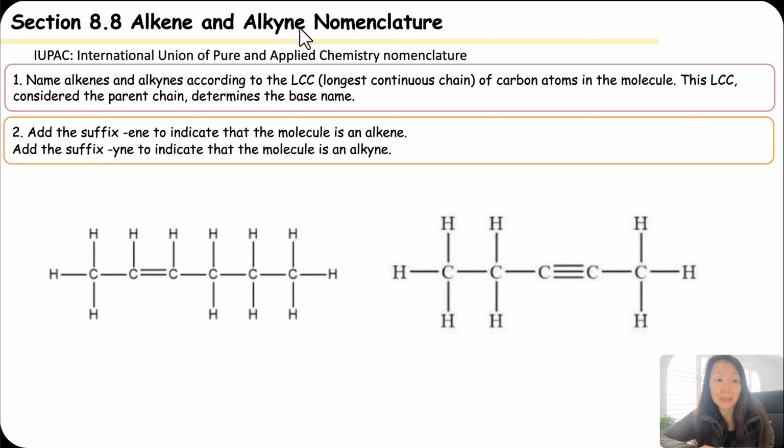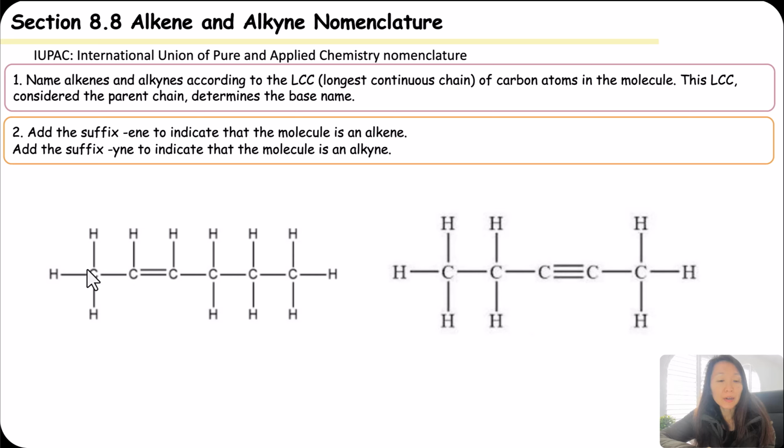alkenes and alkynes. So the very first thing you want to do is name the alkene and alkyne according to the longest continuous chain. So for example, on the left-hand side, we have a double bonded alkene, and on the right, we have a triple bonded alkyne.